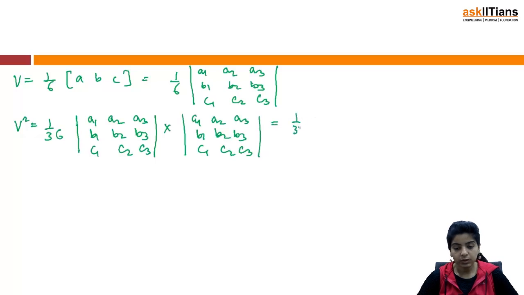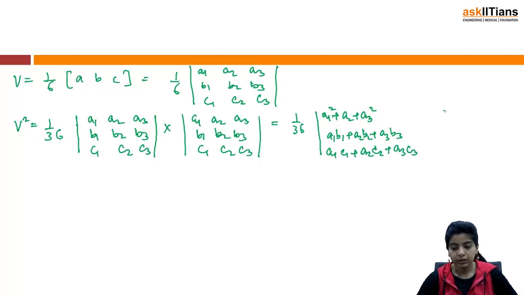So 1 by 36 remains as it is. Then I have A1 square plus A2 square plus A3 square, then A1 B1 plus A2 B2 plus A3 B3, then A1 C1 plus A2 C2 plus A3 C3.